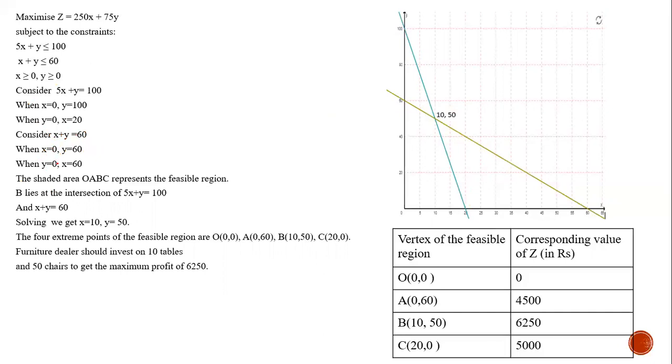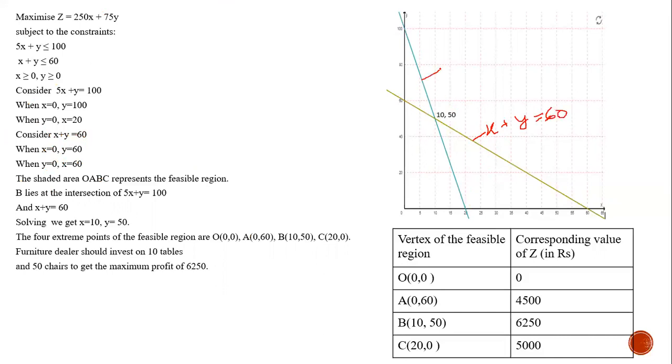Similarly, when y is equal to 0, x is equal to 60. Let us join those points with a straight line. Here the green line represents the constraint x plus y is equal to 60.